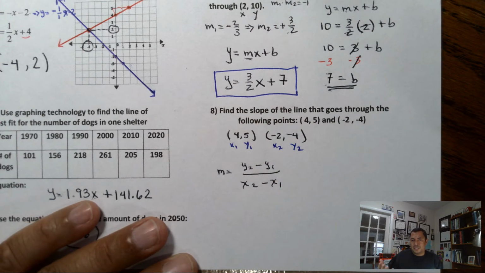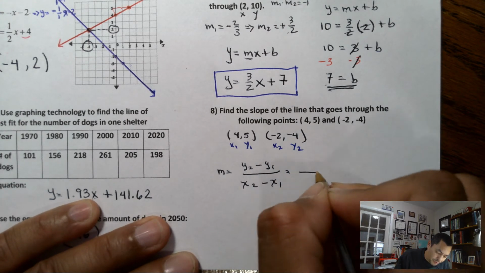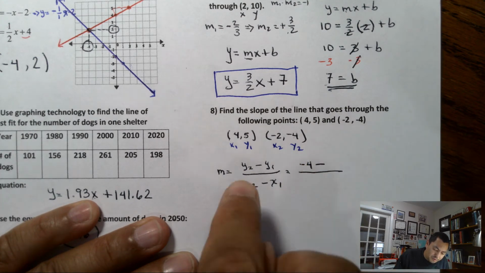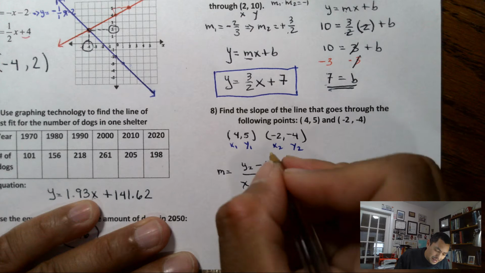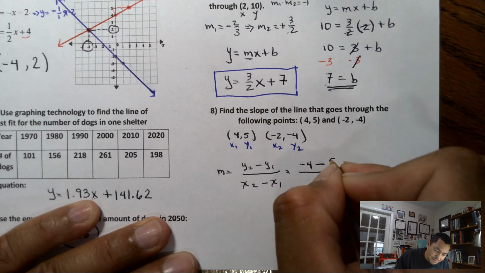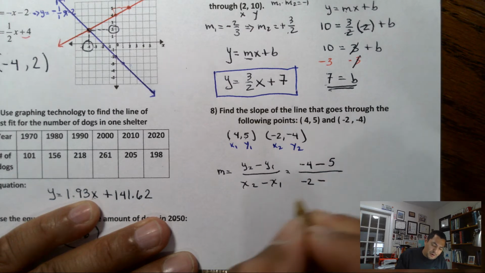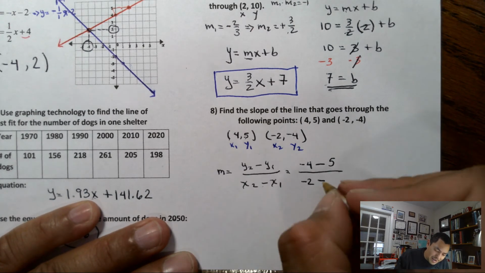So let's make the substitution. This is equal to y2, which is -4, minus, from the formula, 5, and then I have x2, which is -2, minus, from the formula, 4.